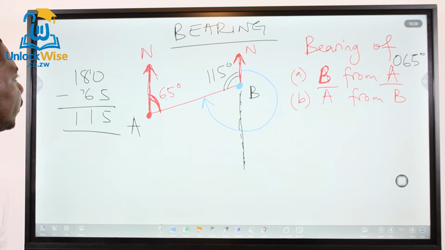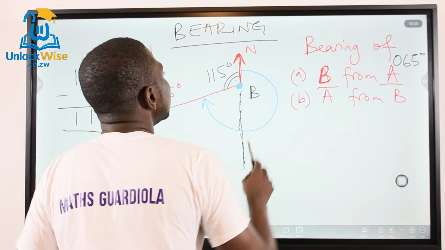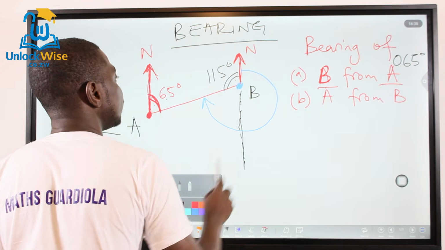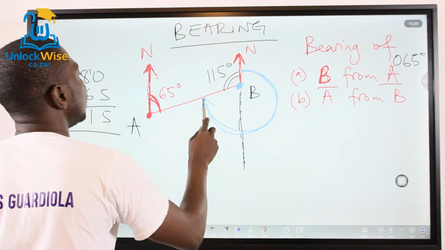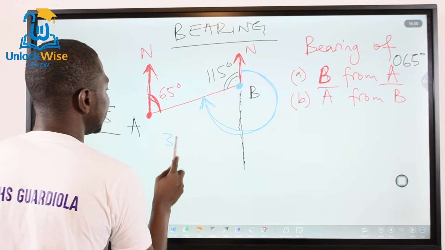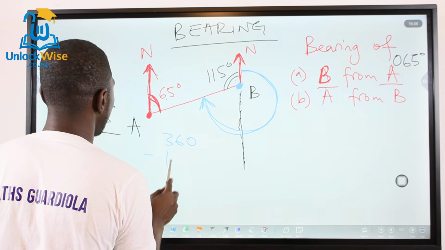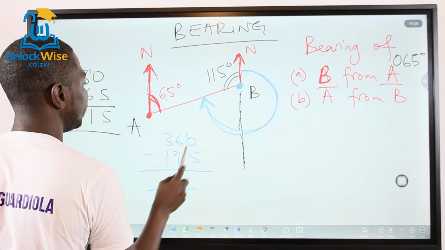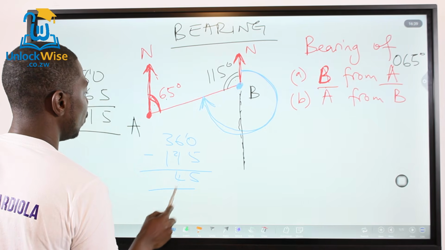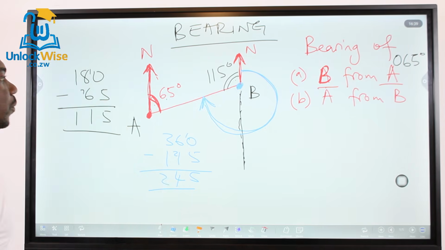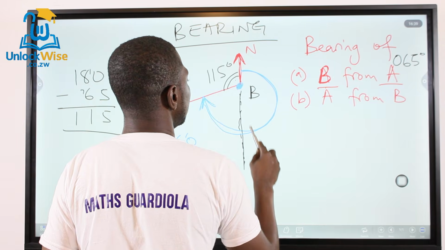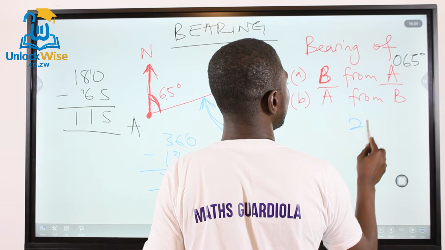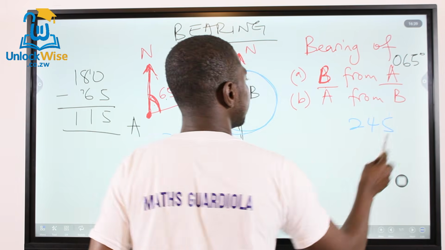So we want this part now, this one. So what do we do? We say 360 minus 115, and we get 245. This is our bearing of A from B, which is 245.